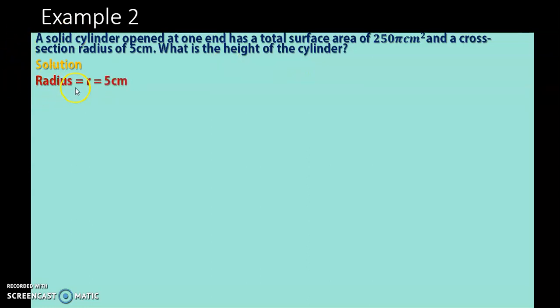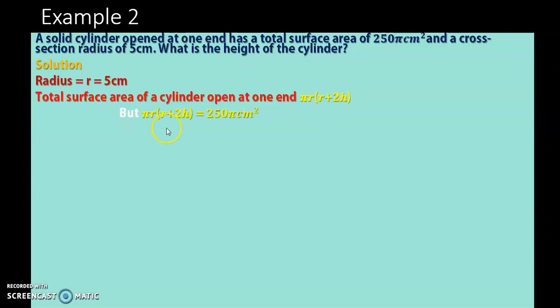Now we have our radius, which is given as 5 centimeter. We have our total surface area of a cylinder open at one end is pi r open bracket r plus 2h as the formula for total surface area of a cylinder open at one end. But we have that pi r open bracket r plus 2h close bracket is equals to 250 pi centimeter square.